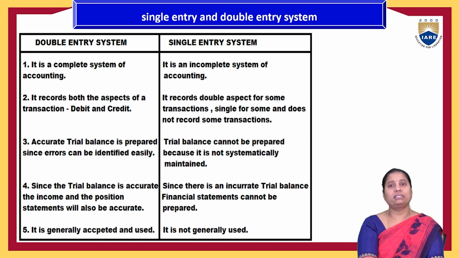A trial balance and accurate positions can be evaluated in the double entry system, and it is generally accepted and used presently. The single entry system is weeded out and not generally used, since inaccurate trial balances came out of it, and it is an incomplete system of accountancy.